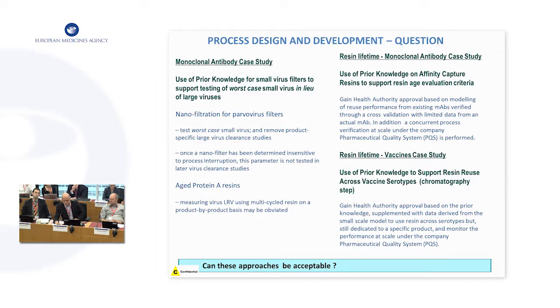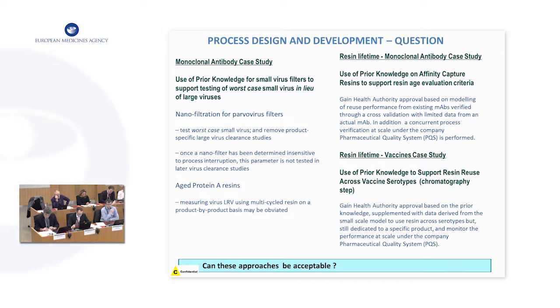Yeah, that's an idea I put forward, and it would obviously have to be agreed. But the idea is that because you are substituting in a way some of the product-specific knowledge with your prior knowledge, it is a model, and any model has to be validated, but it could be validated post-approval. And this could be agreed in a protocol up front, in terms of what data will be gathered in the future in the product life cycle to justify that prior knowledge is indeed applicable and does successfully underpin the control strategy going forward.